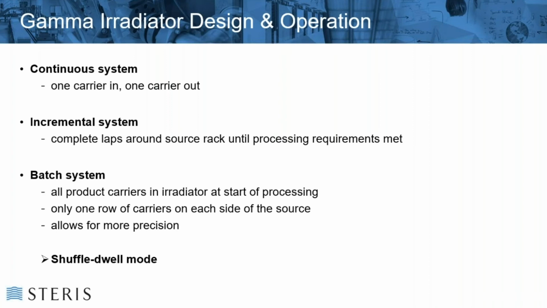So if we have 28 positions in a continuous system, each carrier will see each of those 28 positions one time and then come out of the irradiator, whereas that could be more than once in an incremental system. Dwell time is selected based on the dose required by the customer.